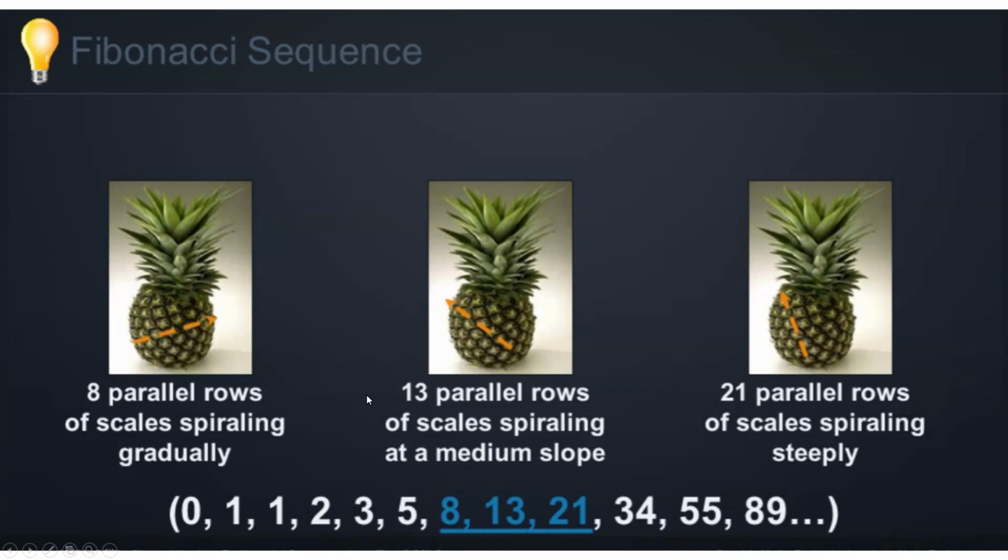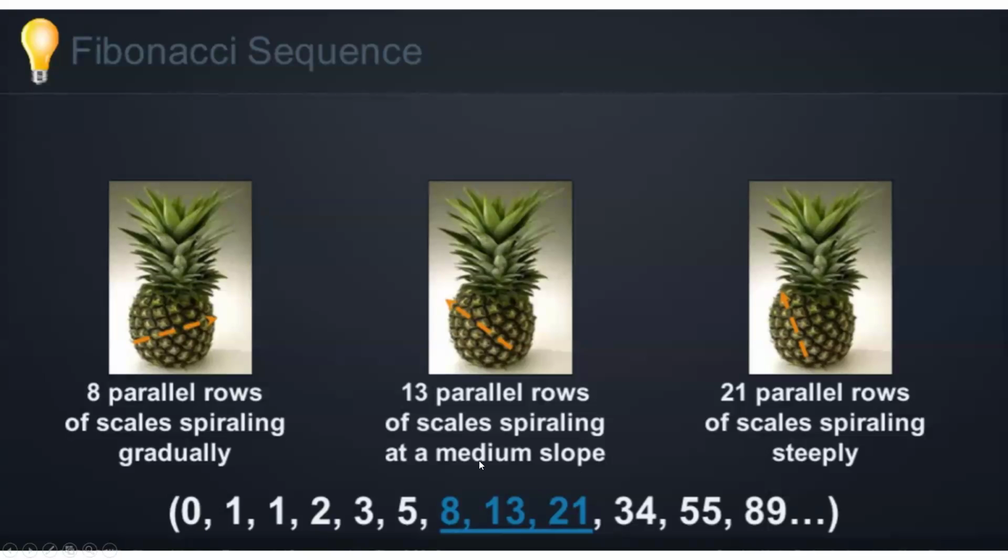It's 13. Why is it 13? It jumped from 8, skipped 10, skipped 9, skipped 11, and went to 13. Why? And then the next one is 21. Why? There are plenty of values between 13 and 21. The pineapple did not take those courses. Instead, it went to 21.